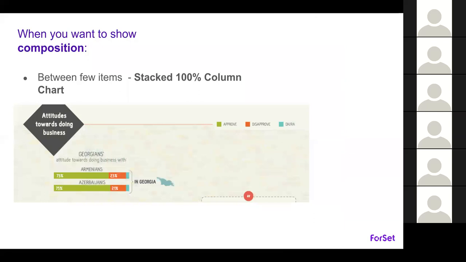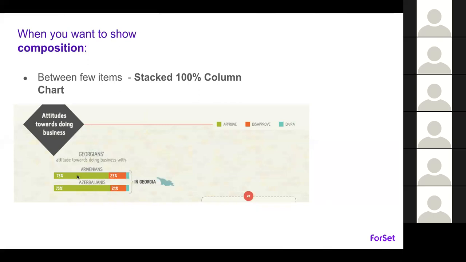Okay, this is another example when we want to show the composition between a few items. In this chart, we are seeing the distribution of attitudes of Georgians towards doing business with Armenians and Azerbaijanis. And this is happening in Georgia. So this chart has 2 functions. One is to see the composition of the Georgians' attitudes when it comes to doing business with Armenians.